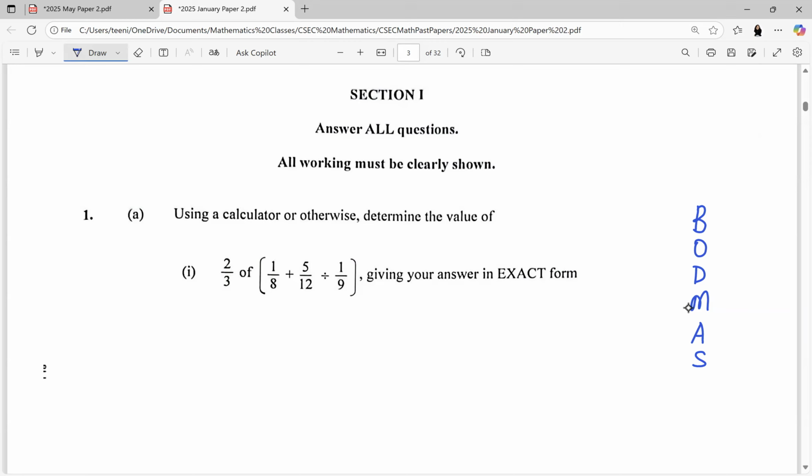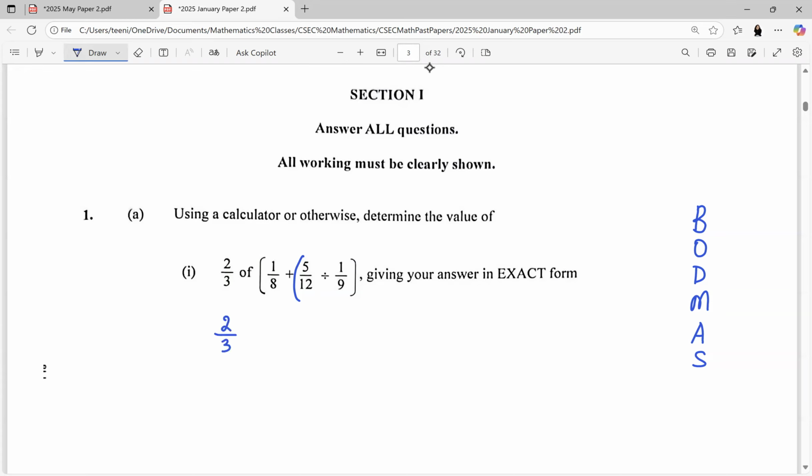So you would work out what's 5/12 divided by 1/9 before you add 1/8. So you would not do 1/8 plus 5/12 divided by 1/9. That's not how you would do it. You would work out what's 5/12 divided by 1/9 first, and then add that to 1/8. And then, of course, of means to multiply.